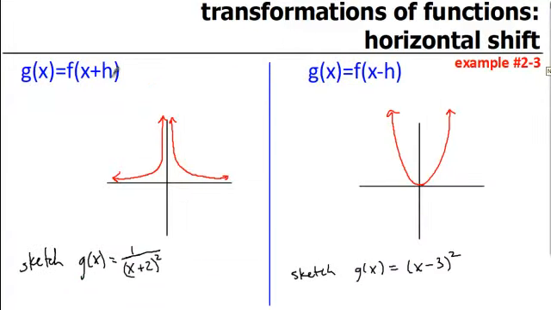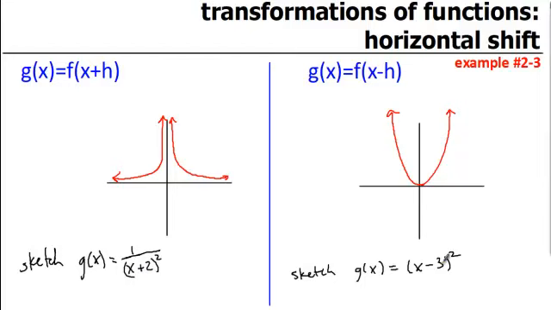Okay? So next, let's take a look at what happens when that transformation happens inside the function. And notice the way that it's written here. f of x plus h, f of x minus h. If that quantity falls inside your function, meaning it's inside the absolute value or inside the square root or inside this reciprocal squared or inside this quadratic, now that represents a horizontal shift.